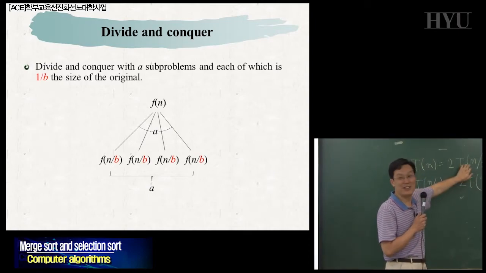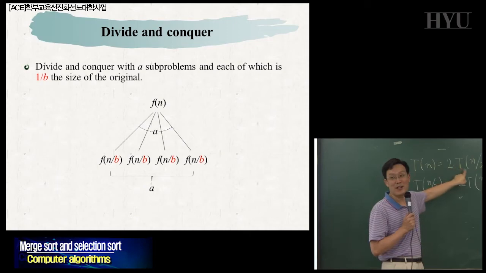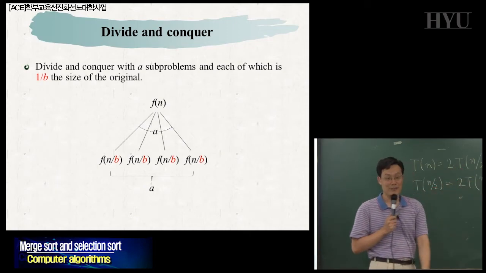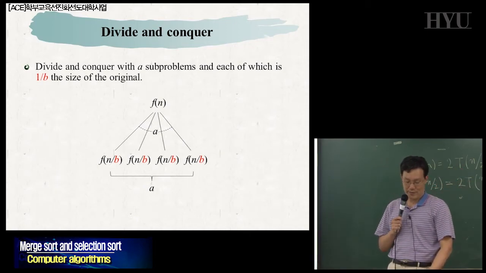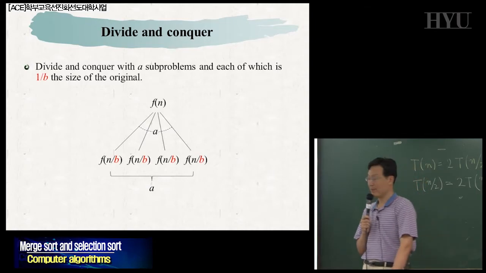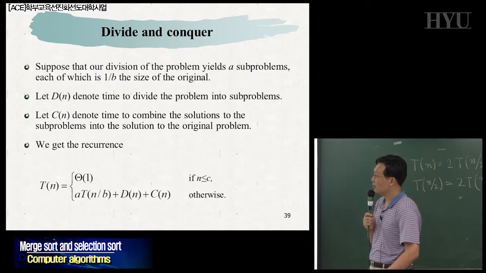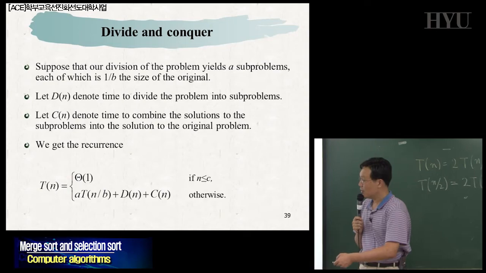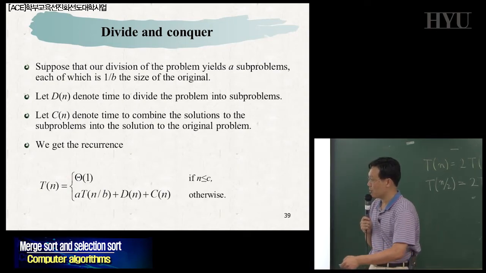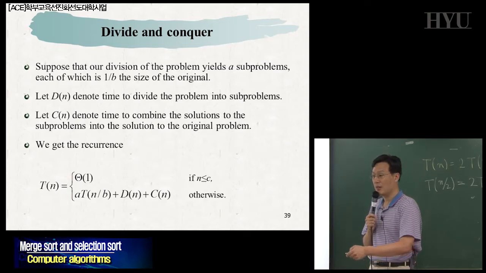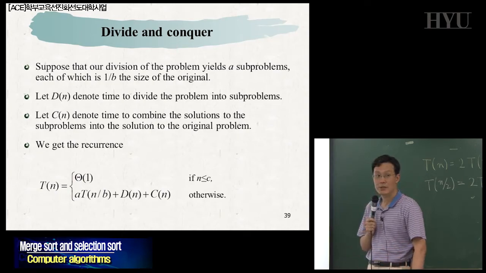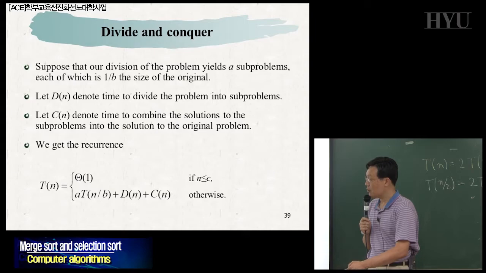Look at this. a is 2 and b is 2. So in the general case, we get this recurrence. Can you explain this recurrence? This is the division time and this is the combination time.